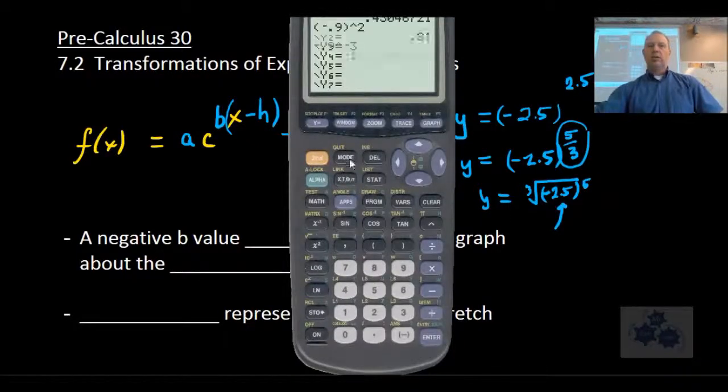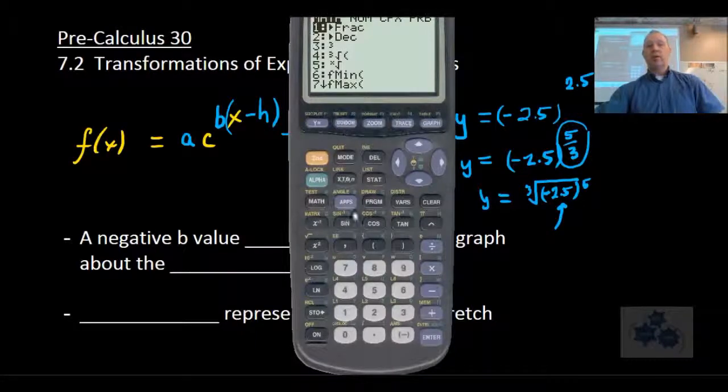Okay, let's just see. The cube root of negative 2.5. Oh, can't do that. Non-real answer. Oh, I didn't put cube. Let's start again.